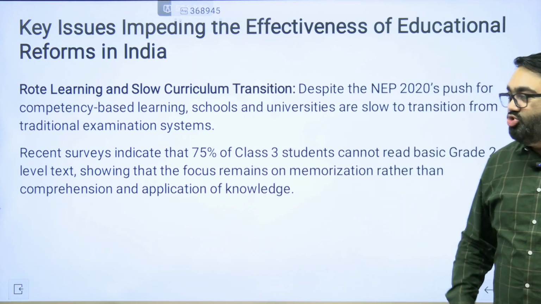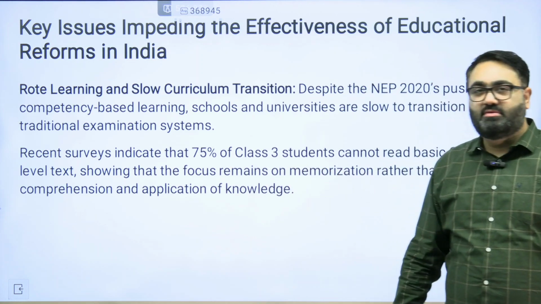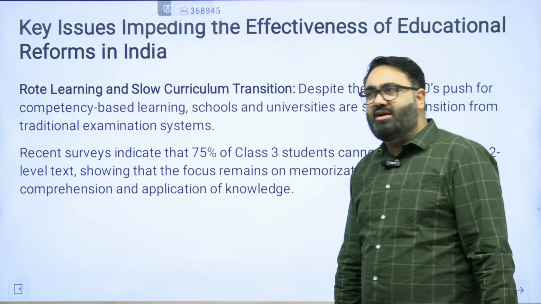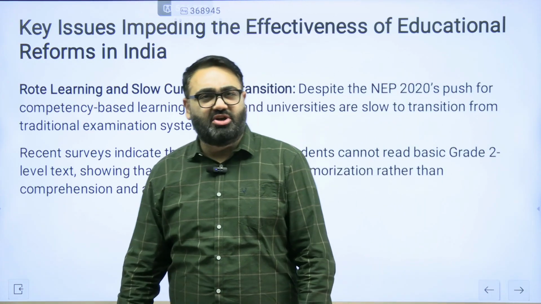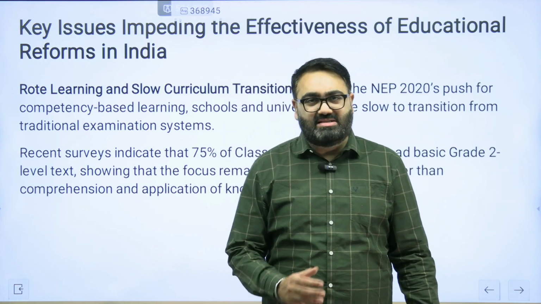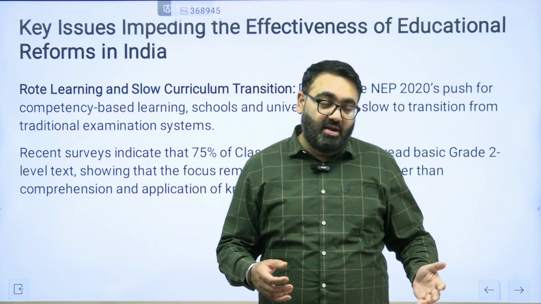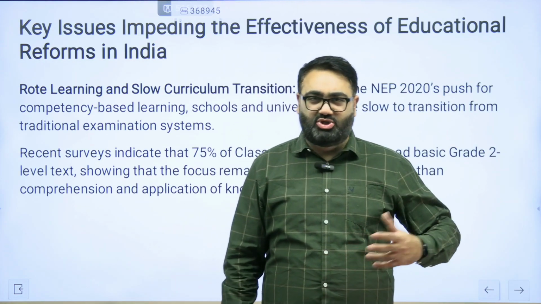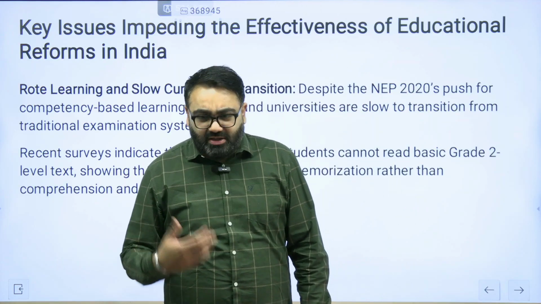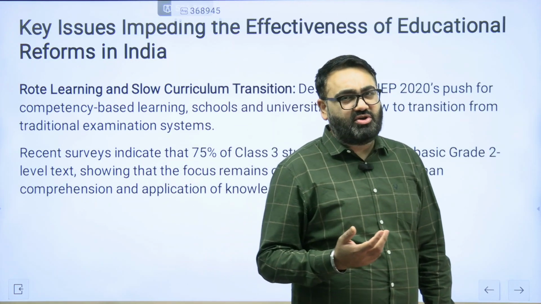There are also issues about the lack of learning levels. There is an ASER report that comes out, Annual Survey of Education Report. It is a report that is done by Pratham. Pratham is an NGO that publishes storybooks, affordable storybooks. So Pratham does this survey, Annual Survey of Education Report.